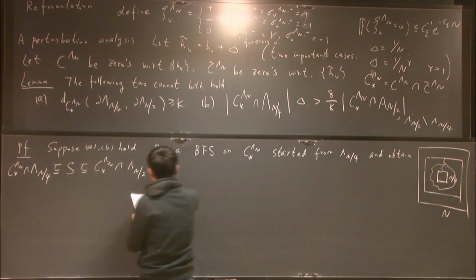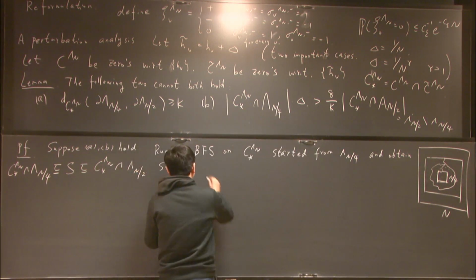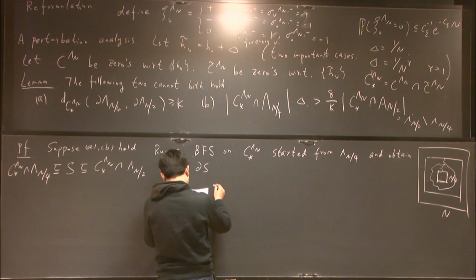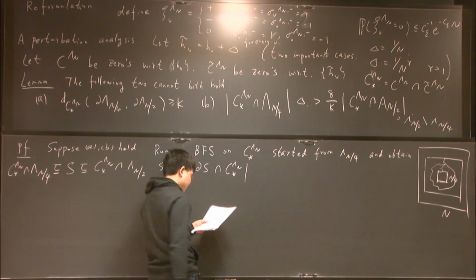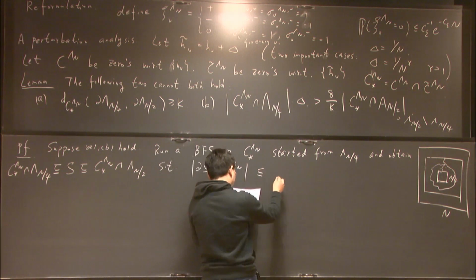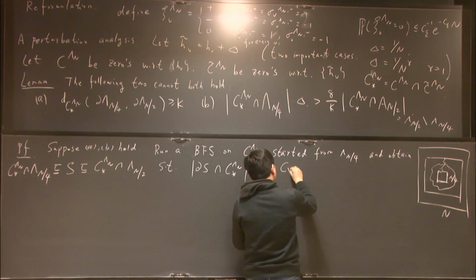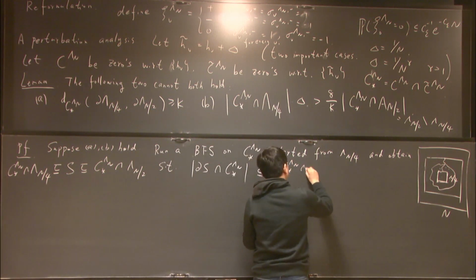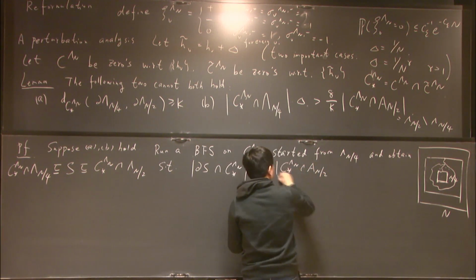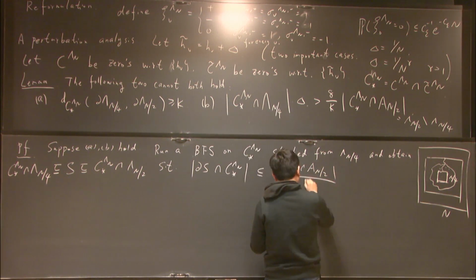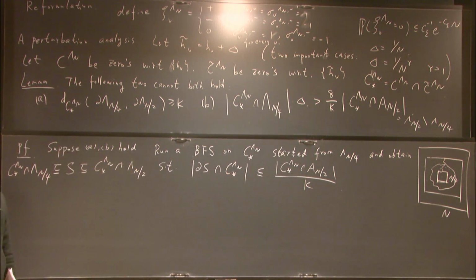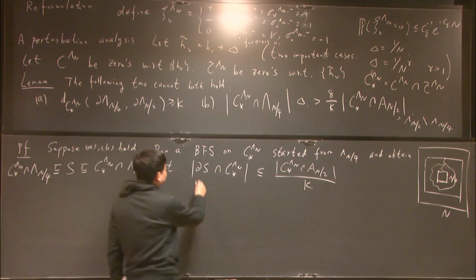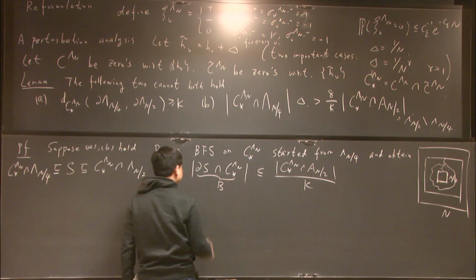And I want, importantly, such that the boundary of S intersect with the C stars to be smaller than the total volume in A n over 2 divided by the distance. This is always achievable, because this is just a simple averaging argument. And for notation reasons, let's denote this by B.